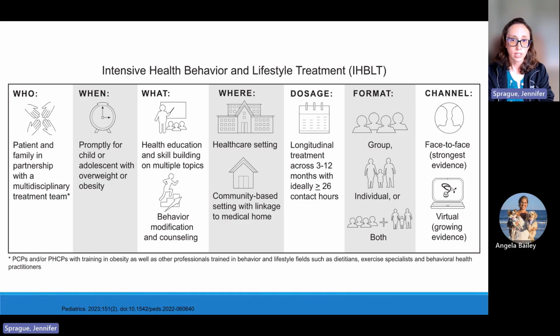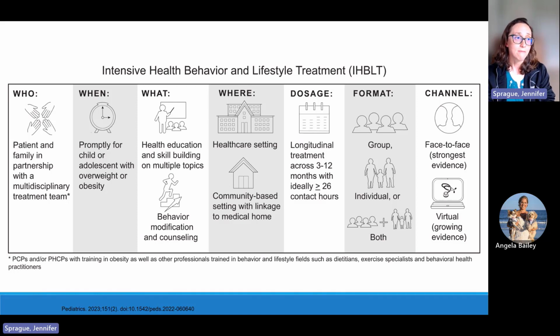They changed this name from, we used to often say, intensive lifestyle or behavioral modification or a weight management program, because they felt this new name emphasized the goal of treatment and improved the weight status and reduction of comorbidities.